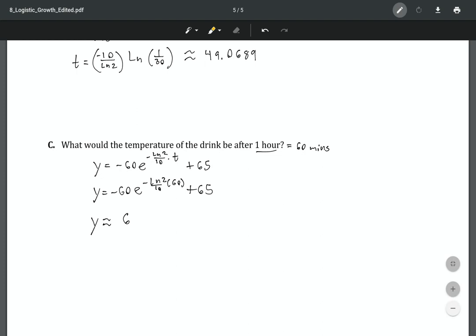So the temperature after an hour would be 64.063 degrees Fahrenheit. So look, wouldn't that make sense though? The longer and longer you wait, say that you're in the car for an hour with a drink, then the temperature of the frozen coffee is going to approach the temperature of the car, which in this case was 65.